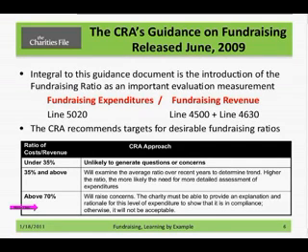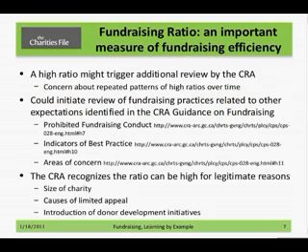Now, CRA does identify that the ratio might be high for some legitimate reasons. So, for example, the size of a charity does make a big difference.